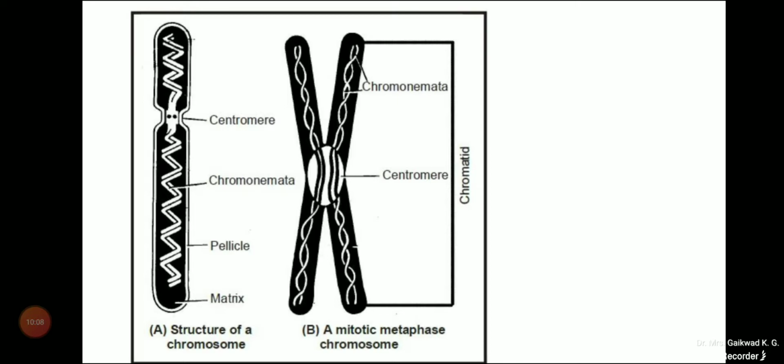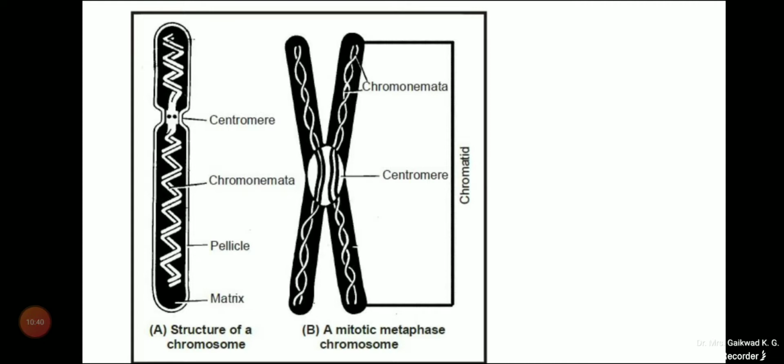Likewise, other organisms have a constant number of chromosomes, and accordingly we can identify, from just knowing how many chromosomes are there in a particular cell, which animal or which plant this cell belongs to.